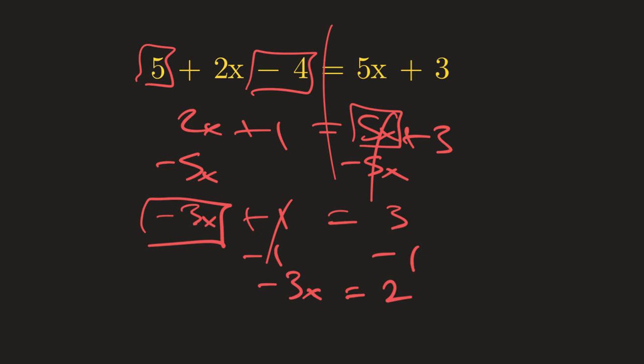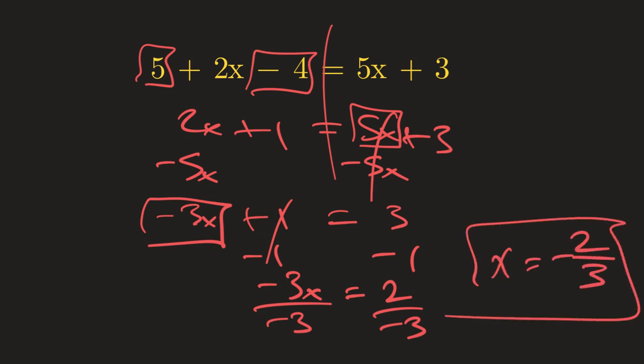Let's isolate that. Let's subtract 1 from both sides. What's the solving step? Divide by negative 3. Good. Create the fraction. And that is going to be fully reduced.